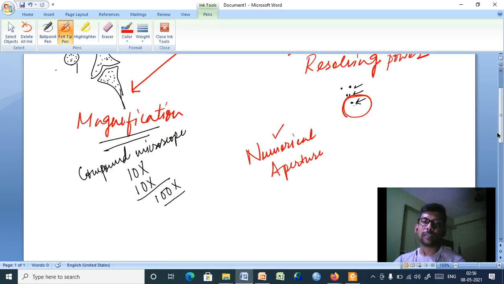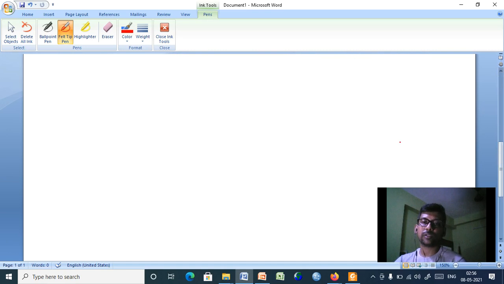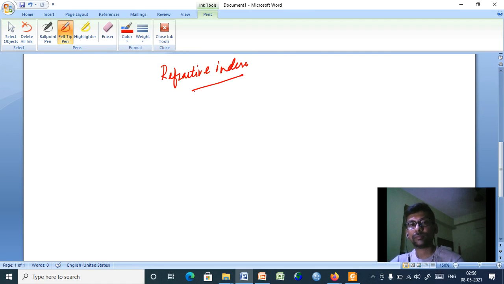Then another important aspect of microscopy is known as refractive index, or we can also call it the index of refraction.